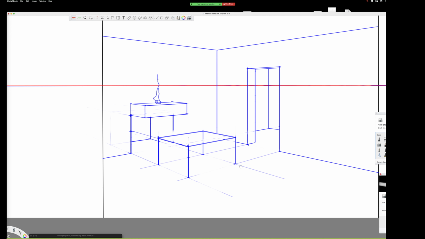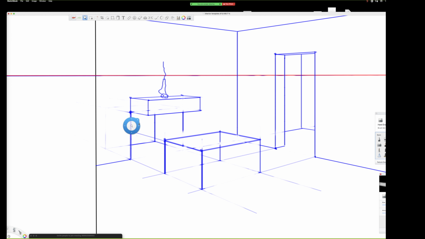So we want to give first the tabletop a sense of substance, meaning some thickness, right? So it could be made of wood, doesn't matter.